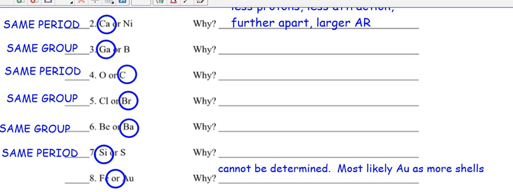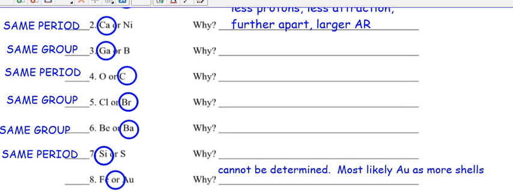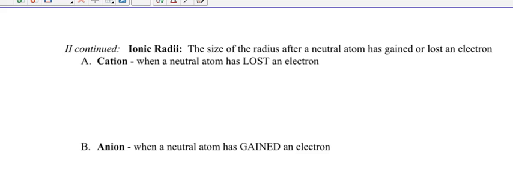Okay, I'd like you to go to the next page, and this is all about ionic radii. You have in your homework packet a graphing activity on ionic radii, so go to pages 6, 7, and 8. An ion is a charged particle.